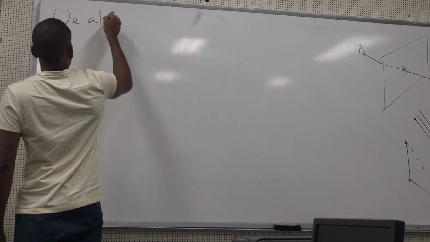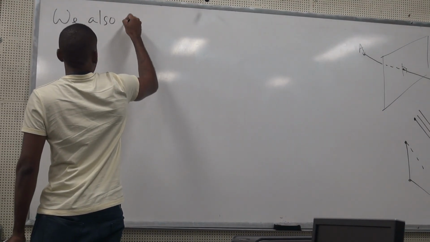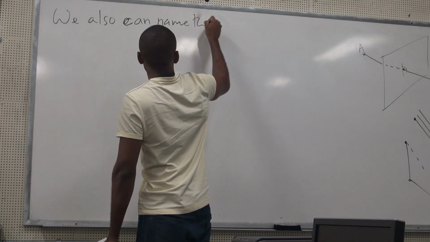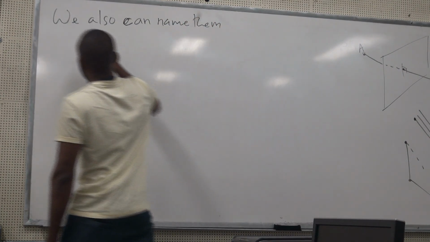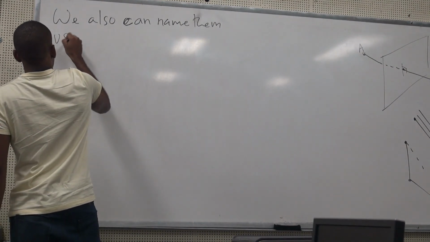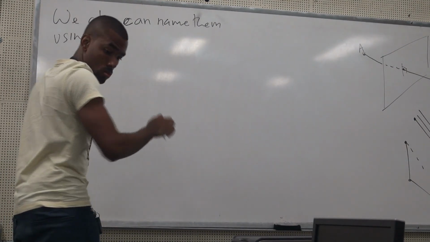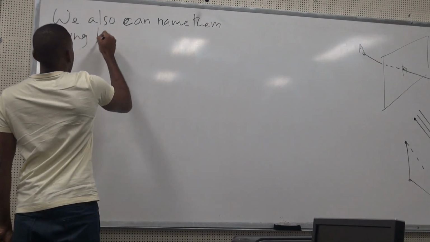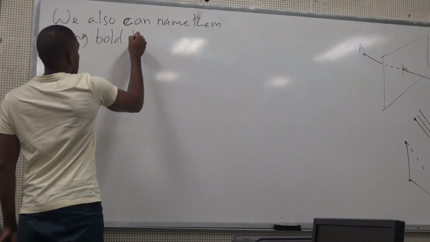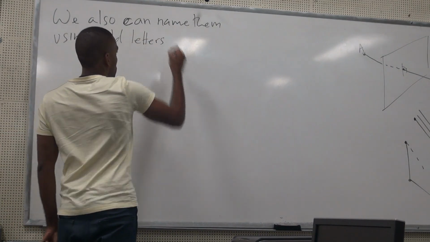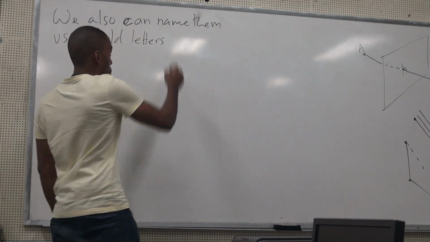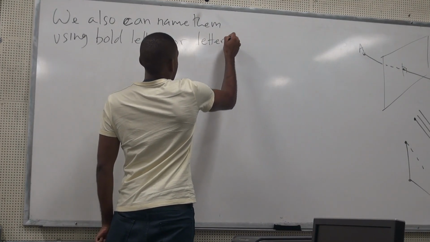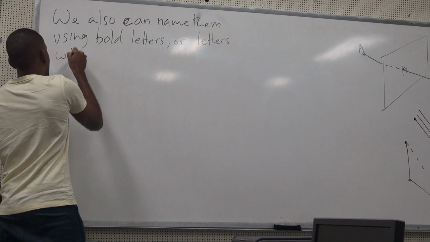We also can name them using either bold letters, which in a textbook will probably be bold letters, or letters with arrows.